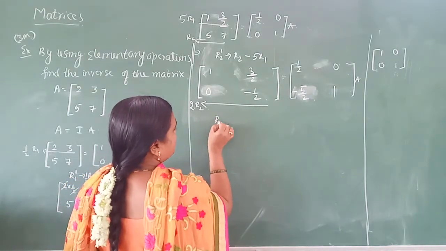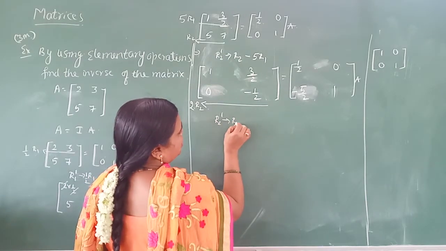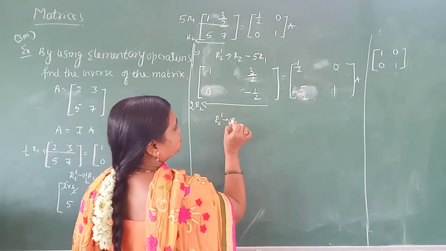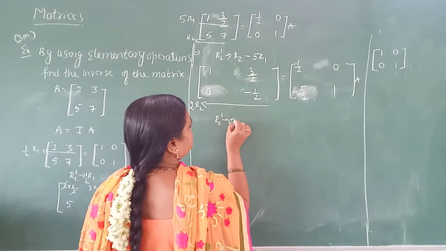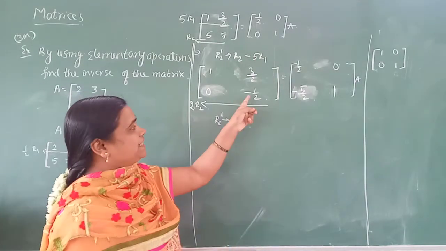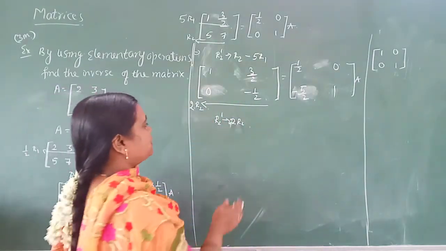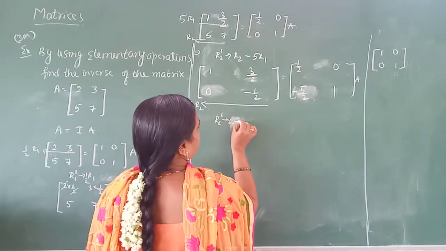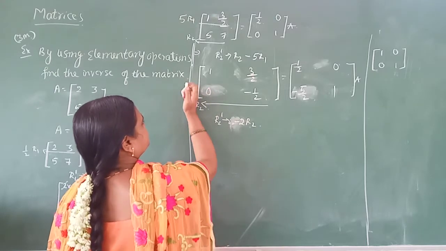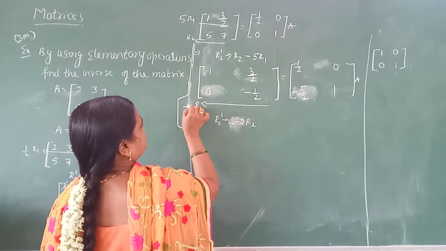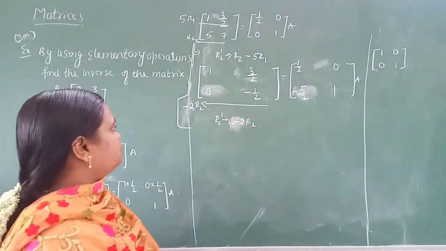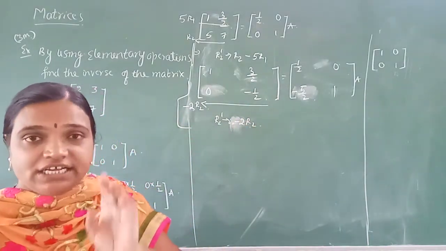Therefore we write R2 dash equals 2 R2, but we will get a negative sign. So better to multiply by minus 2, R2 dash equals minus 2 R2, so that minus into minus gives plus. Everything we have done changes only the second row.